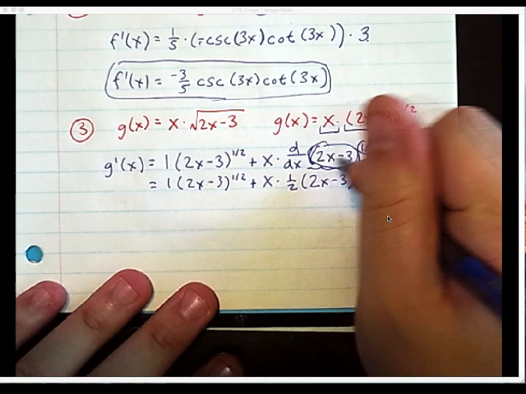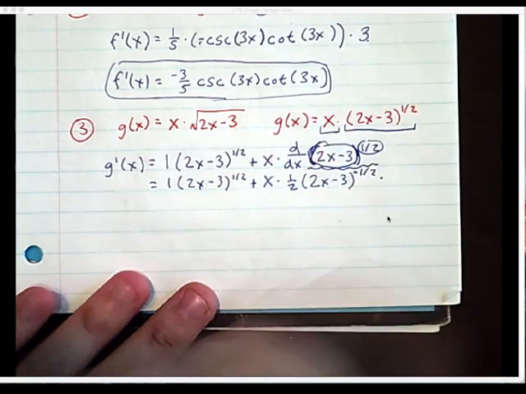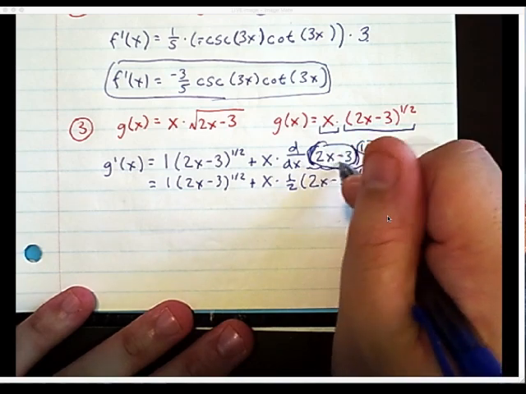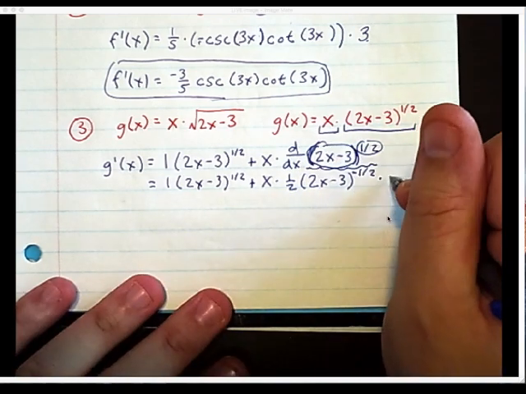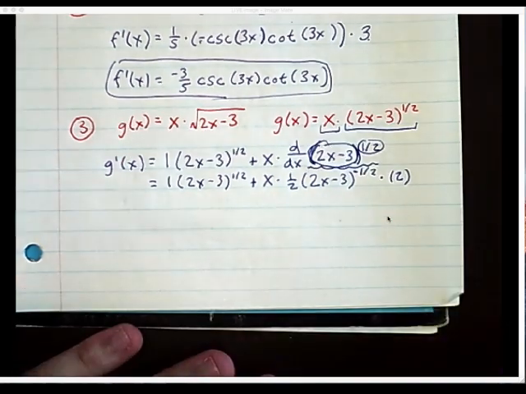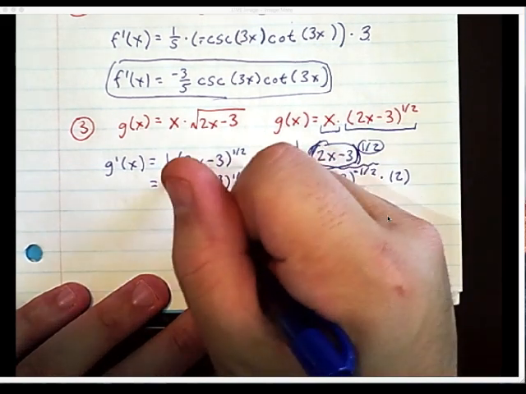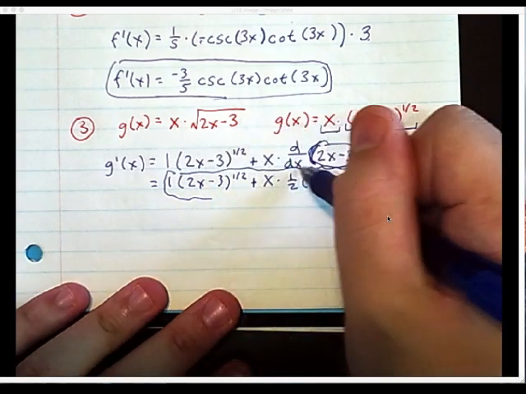Times the derivative of, we can think about this as the inside. So the derivative of the inside, 2x minus 3, the derivative of that would just be 2. Okay. So this would be considered my first line answer.